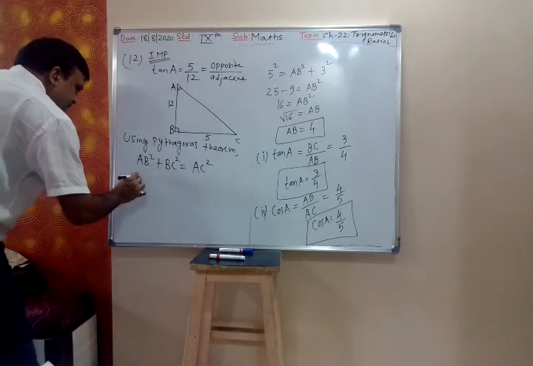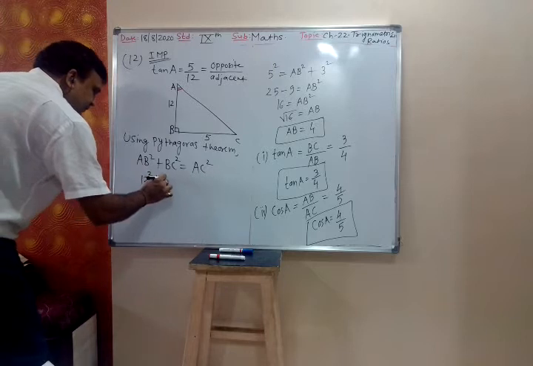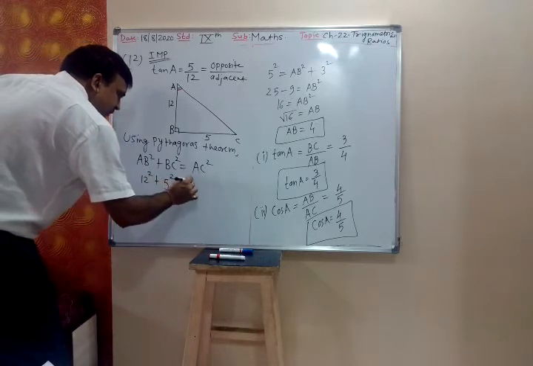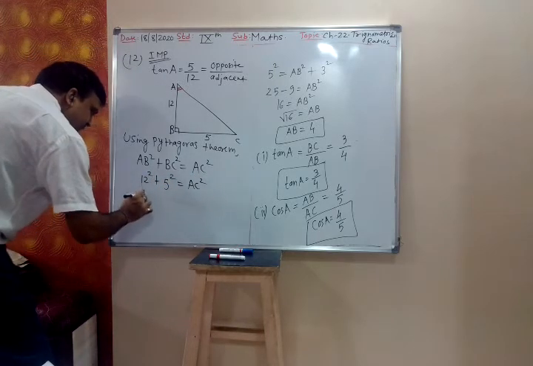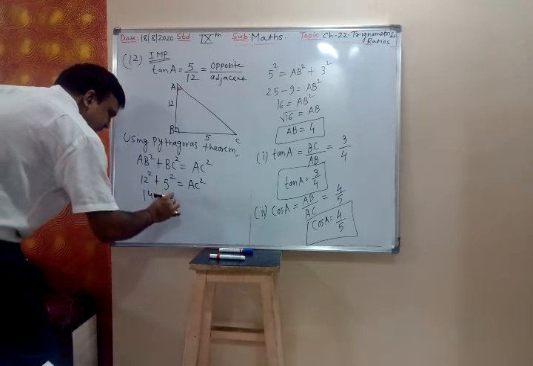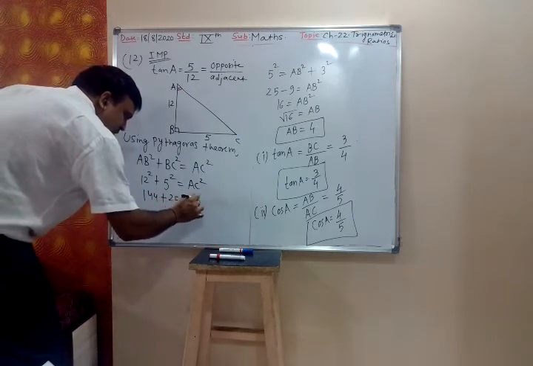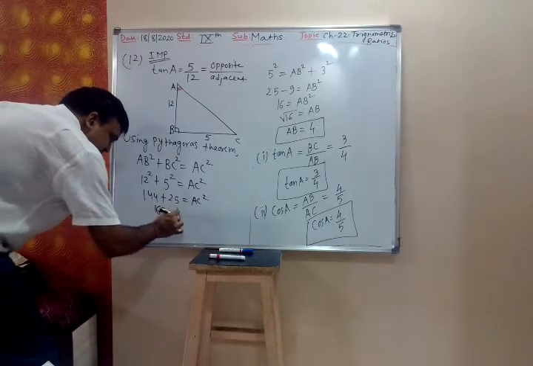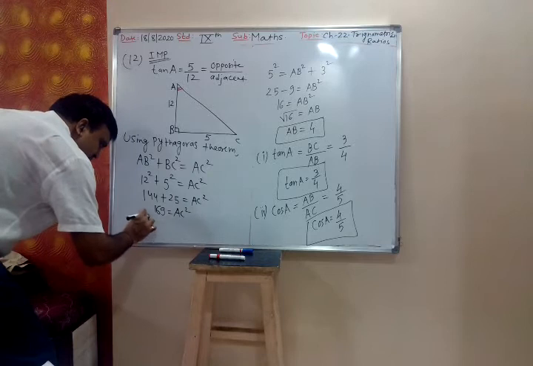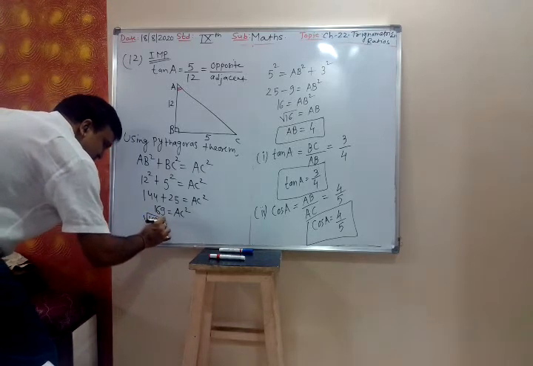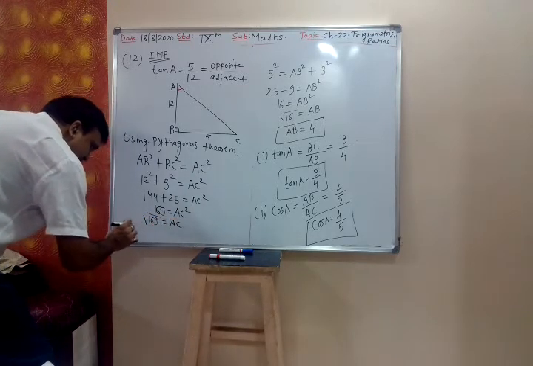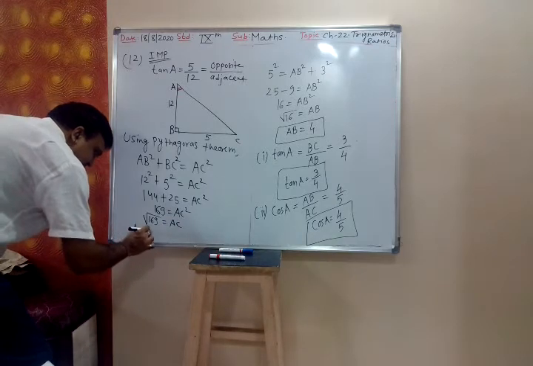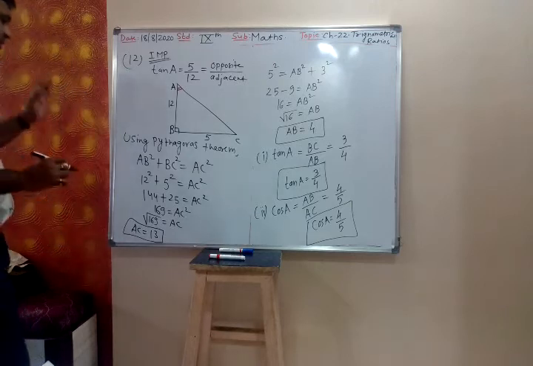AB is 12, so 12 square plus 5 square is equal to AC square. 12 square is 144, plus 25, is equal to AC square. So 169 is equal to AC square, so the square root of 169 is AC. So AC is equal to 13. Out of plus minus we take the plus sign because length is never negative.